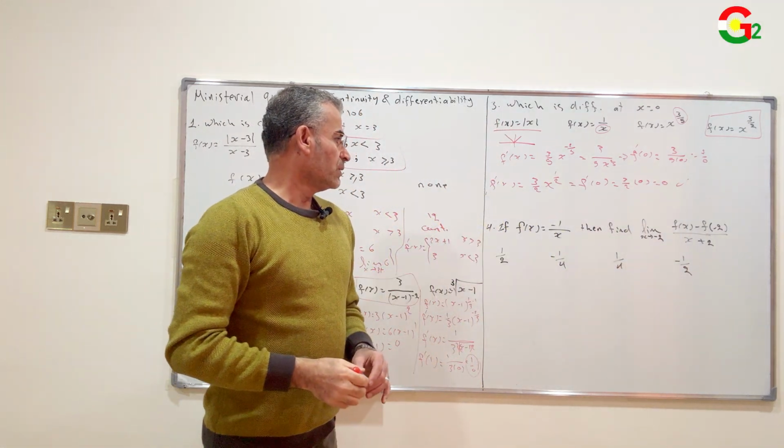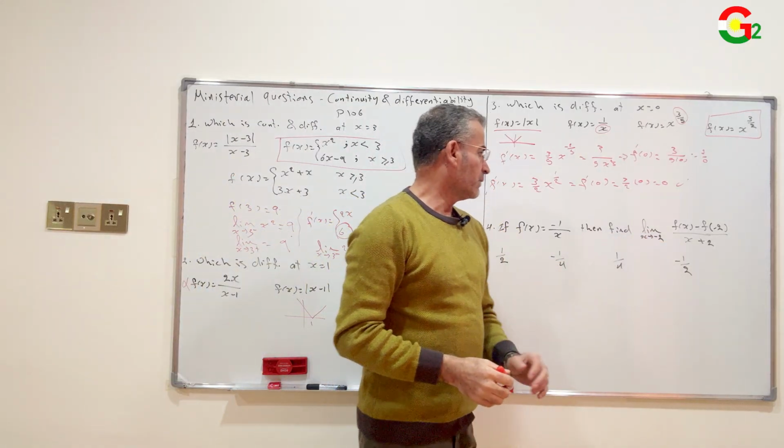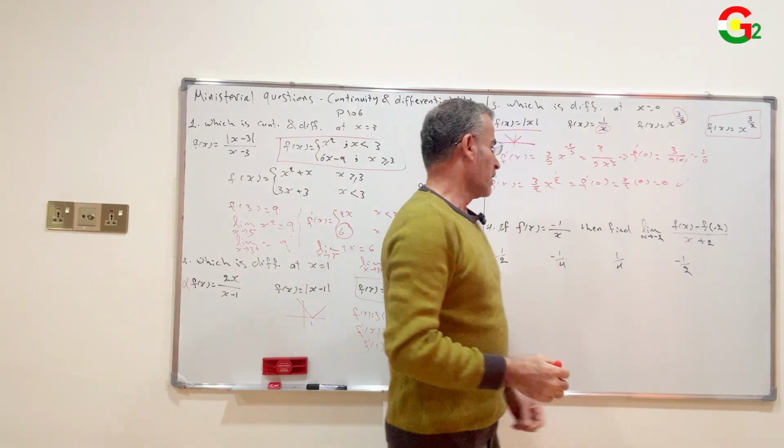If f of x equals negative 1 over x, find the limit as x approaches negative 2 of f of x minus f of negative 2 over x minus 2.